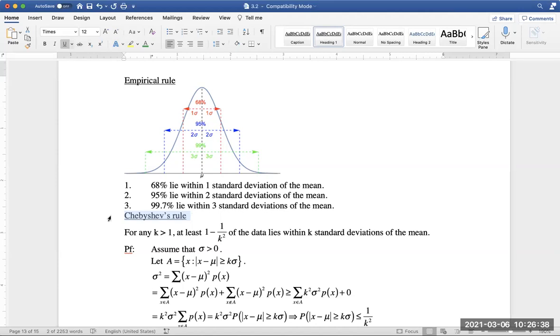Chebyshev is a very famous mathematician around the turn of the century, from the late 1800s to the early 1900s. He was obviously Russian.